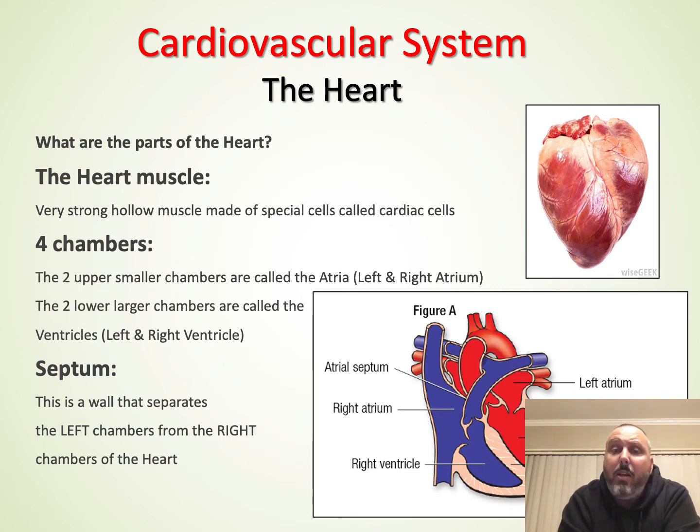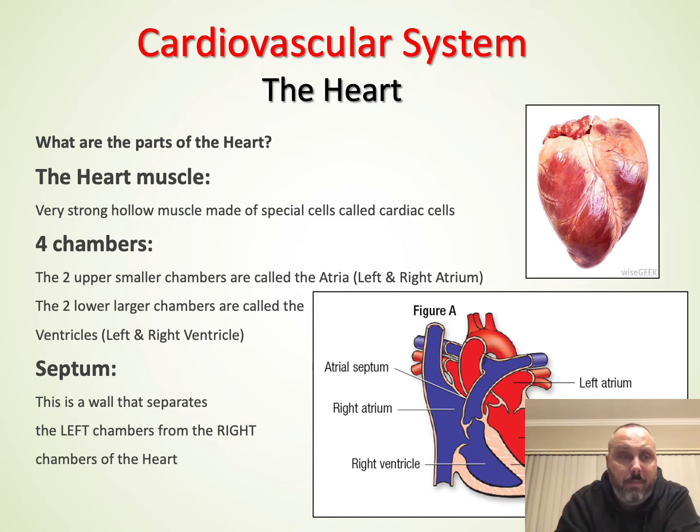So just remember, when you label diagrams of the heart on paper, the right atrium will be on the left side and the left atrium will be on the right side. Not just to confuse you, but anatomically we label things as if we were looking at them from there, and the left and the right are relative to what we're looking at rather than what's going on for us.